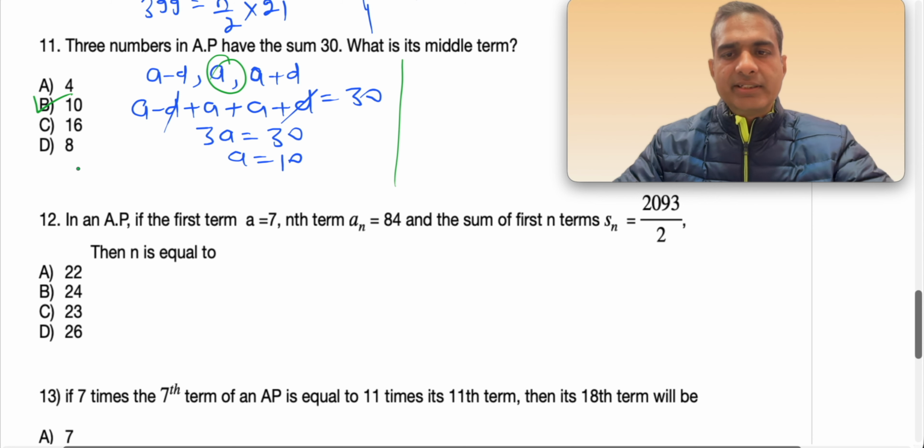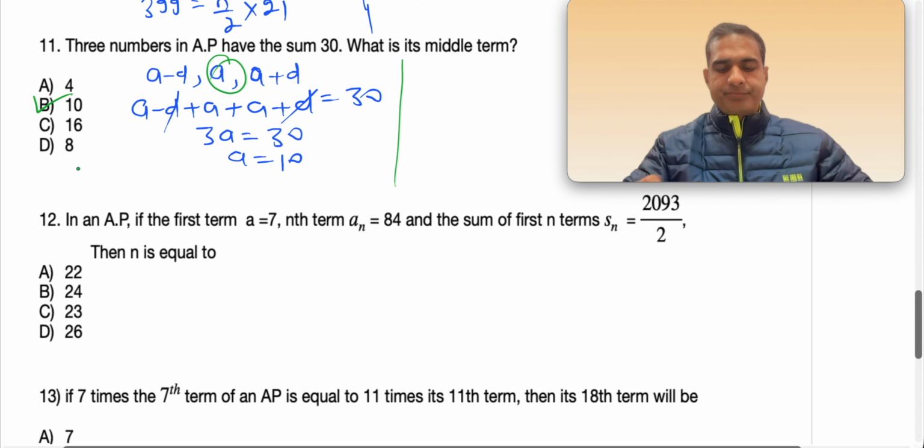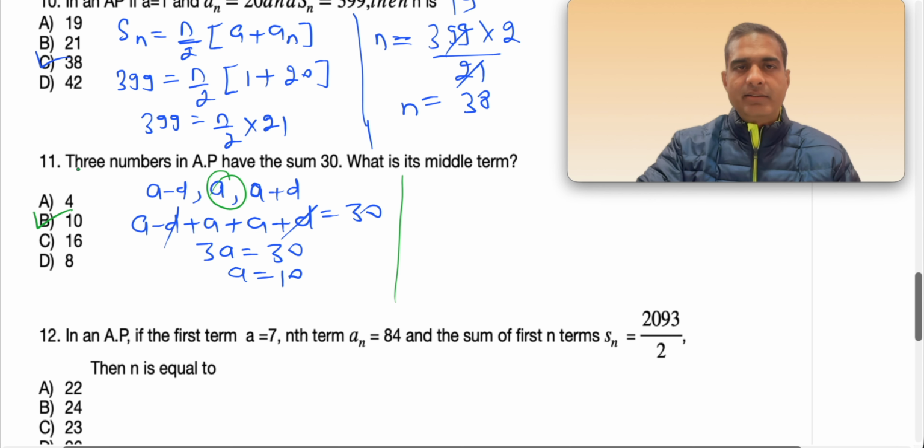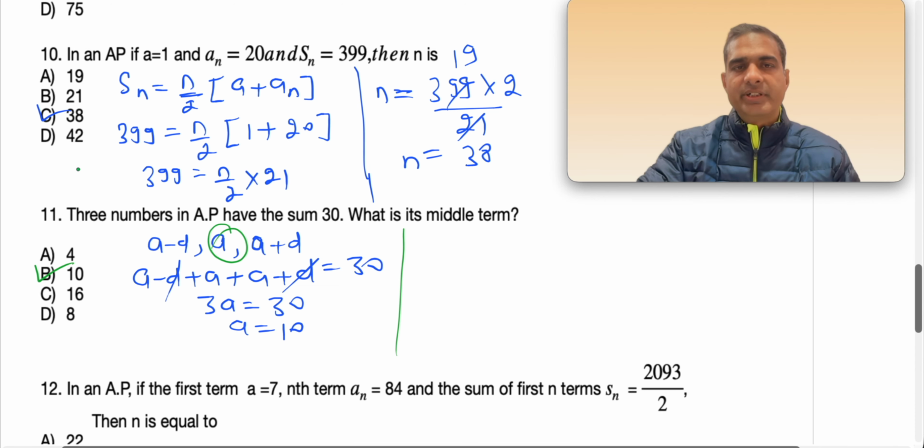Now moving to the next question, the 12th one. In an AP, if the first term a is 7, the nth term an is 84, and the sum of the first n terms Sn is 2093 by 2, then n is equal to. So it is a similar question to the 10th one which we did.